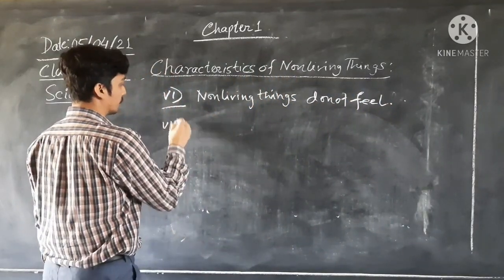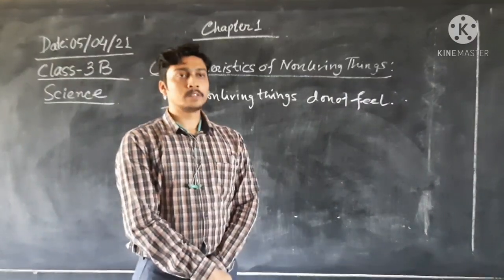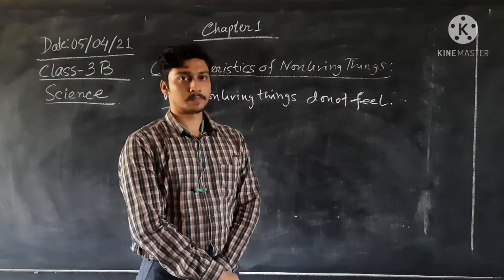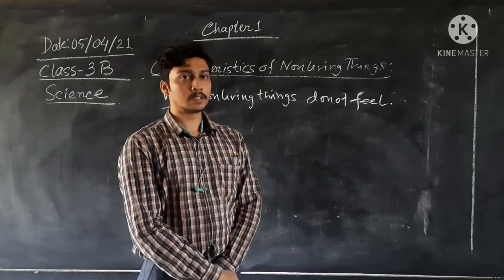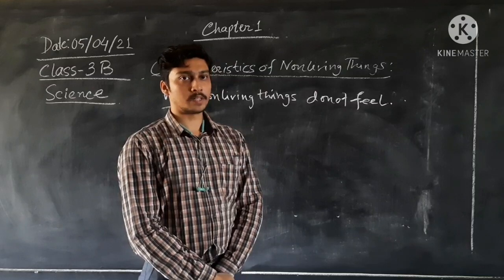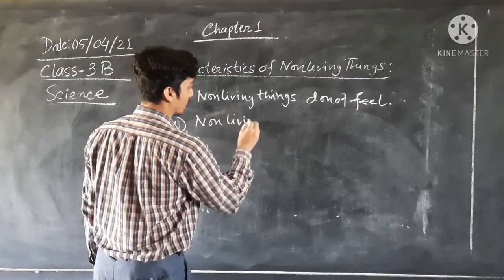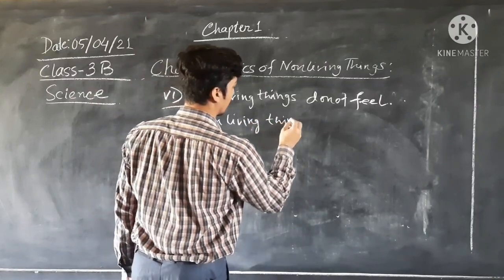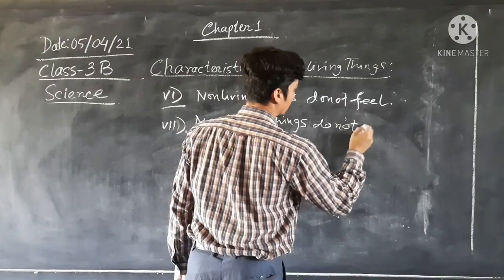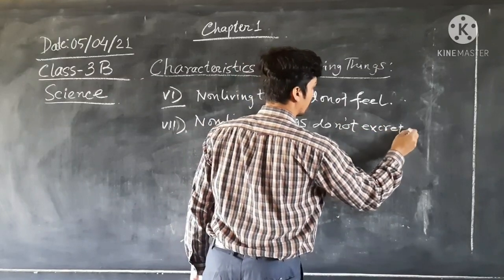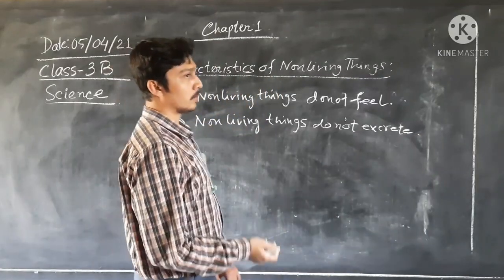And the seventh characteristic: living things excrete. That means they give out their wastes, but non-living things don't excrete. They don't give out their wastes.